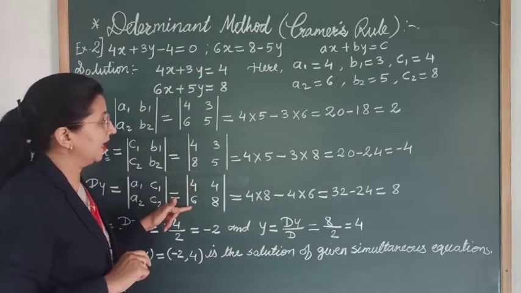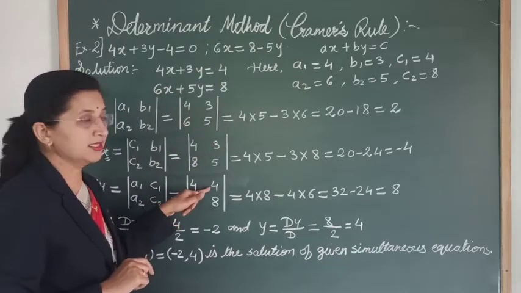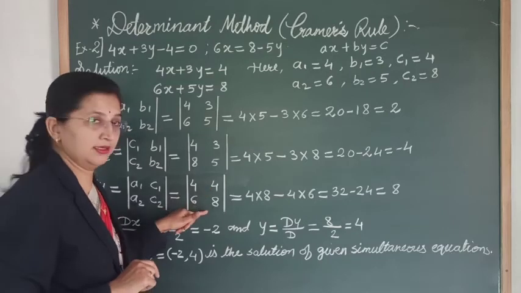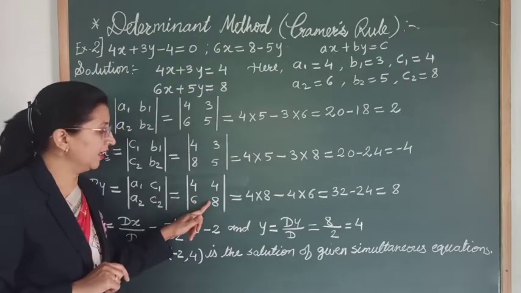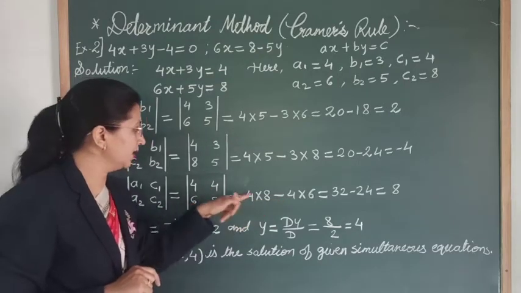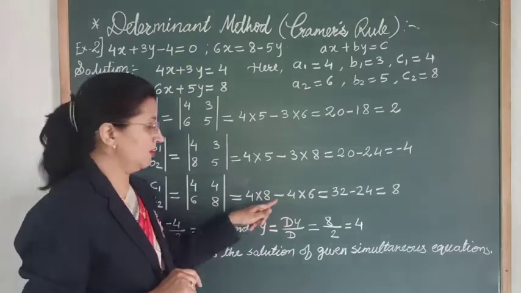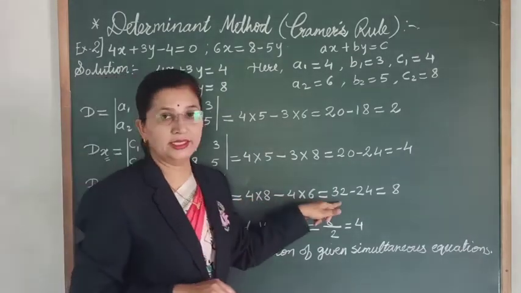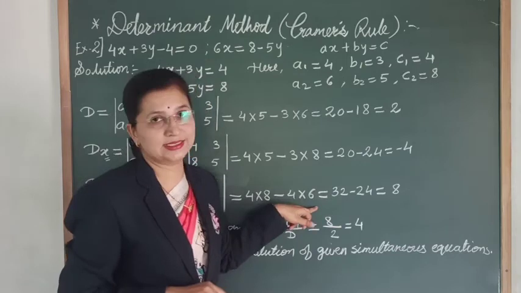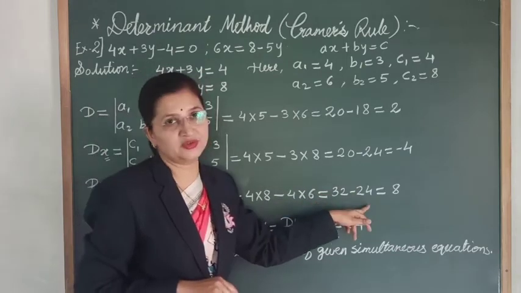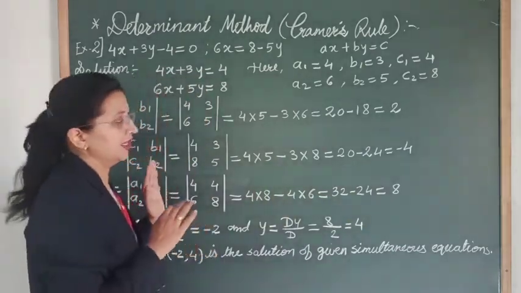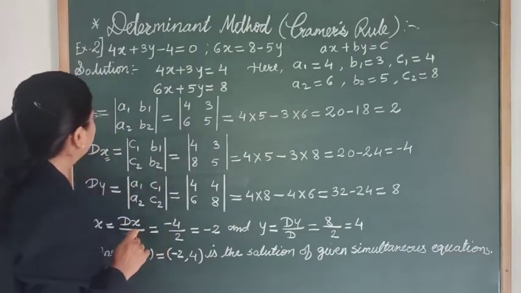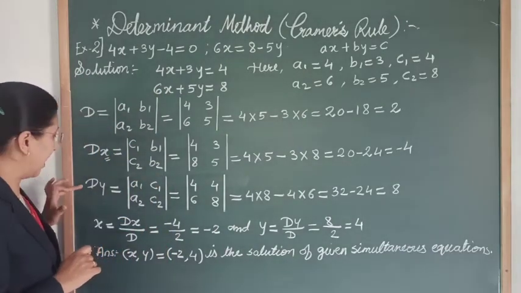So a1, a2, that is 4, 6, c1, c2, 4, 8. Cross multiplication. 4 into 8 minus 4 into 6. 4 8s are 32 minus 4 6s are 24. 32 minus 24, that is 8. So dear students, in this way we got the values of d, dx and dy.